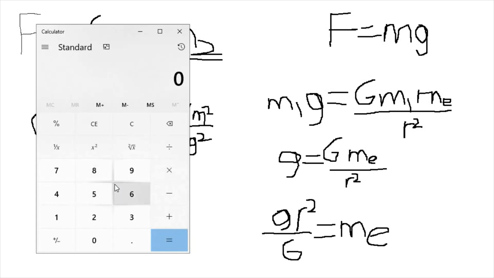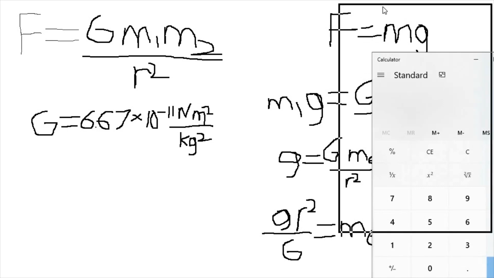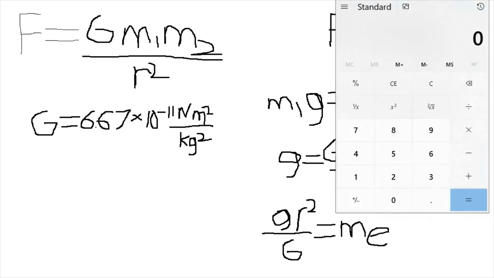So let's just do the simple units here. 6.38 squared, because remember we're doing distance right now.